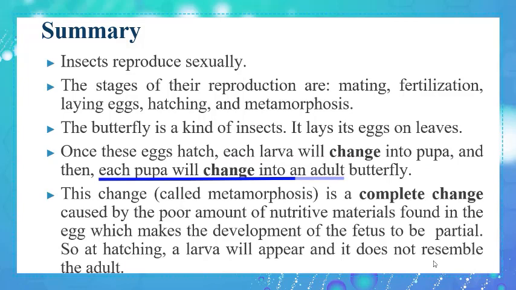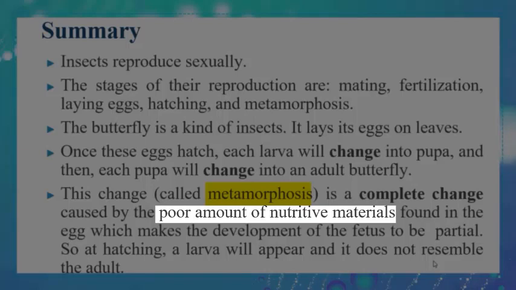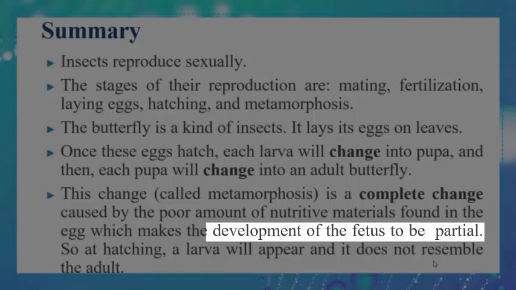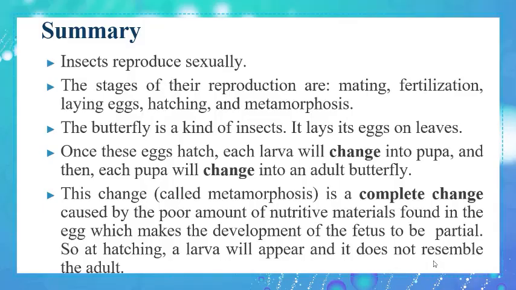This change, which is called metamorphosis, is a complete change caused by the poor amount of nutritive materials found in the egg, which makes the development of the fetus partial. So at hatching, a larva will appear and it does not resemble the adult.